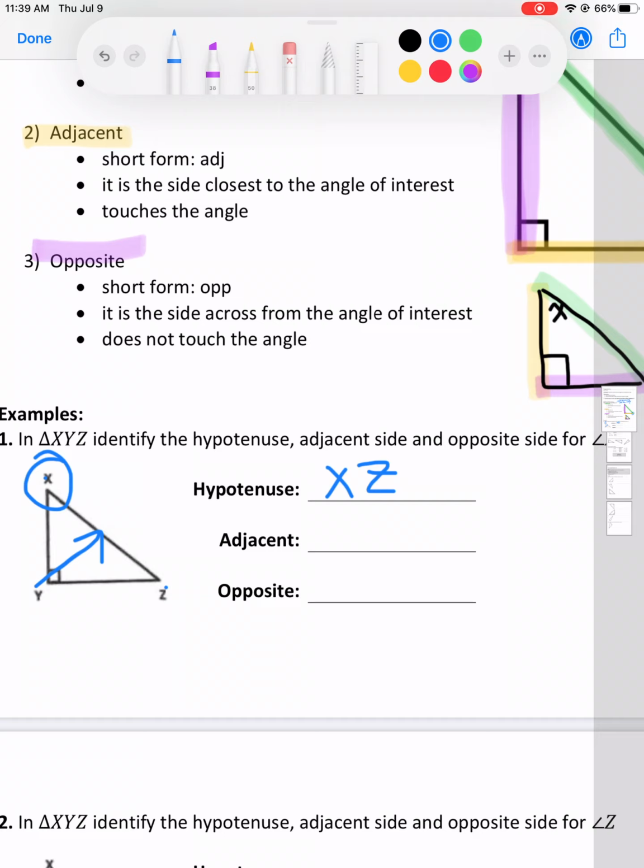The adjacent is the one that touches it, so because this is the angle of interest, this is my adjacent, XY. By process of elimination, that is my opposite. That's pretty straightforward, no? If you do need help with that, you have to let me know, okay?